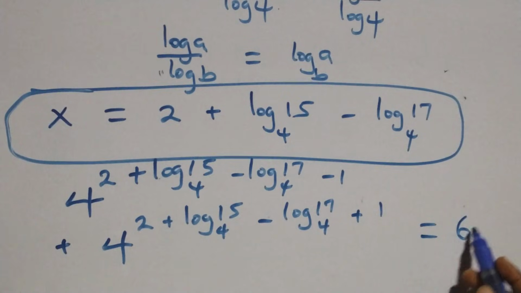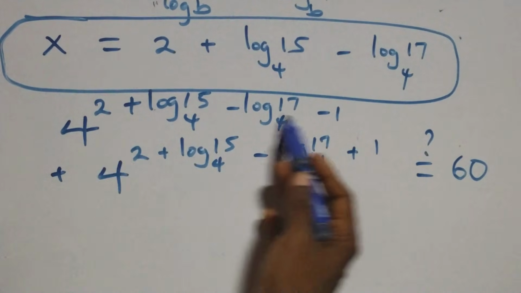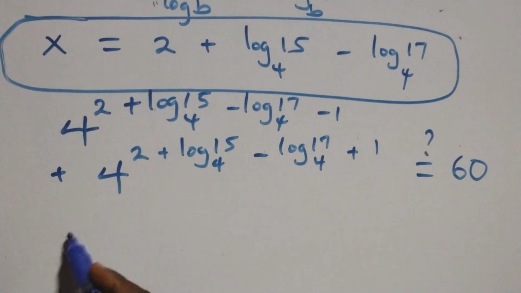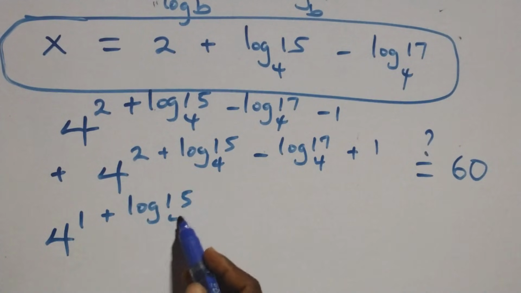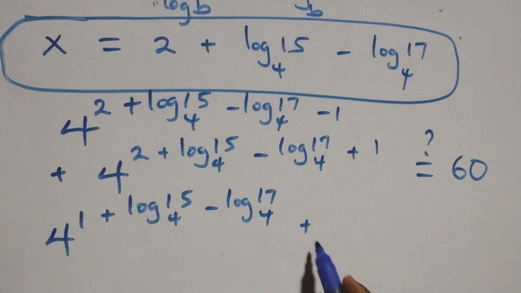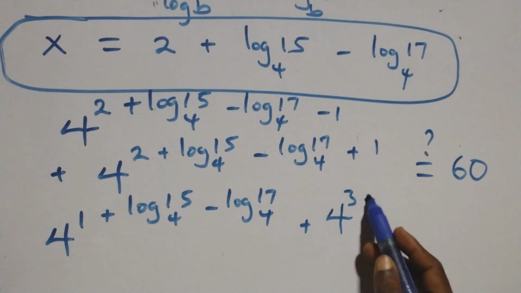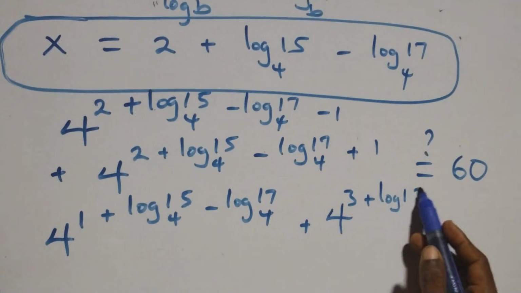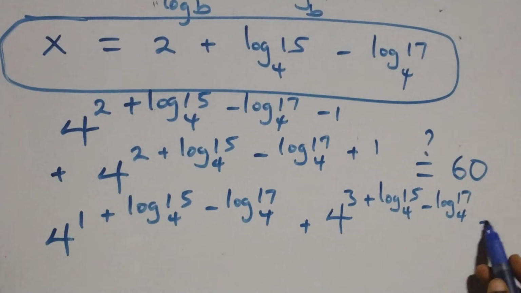Is it equal to 60 on this side? Then from here, we have 2 minus 1. When we bring it together, that's 1. We have 4 raised to power 1 plus log 15 base 4 minus log 17 base 4, plus also here 2 plus 1, that's 3. That's 4 raised to power 3 plus log 15 base 4 minus log 17 base 4. Is it equal to 60 on this side?